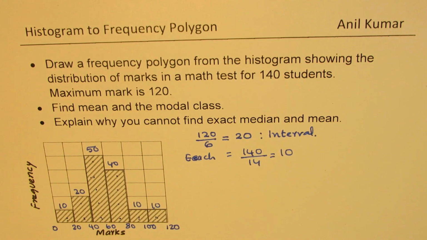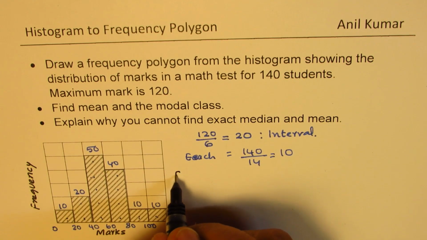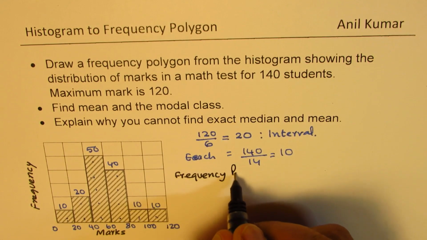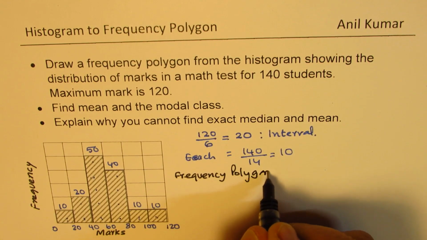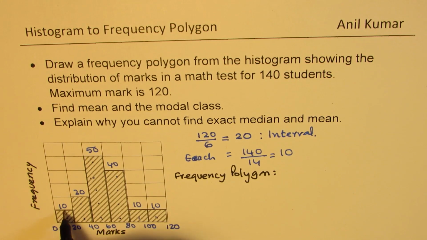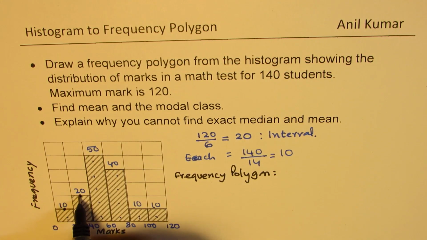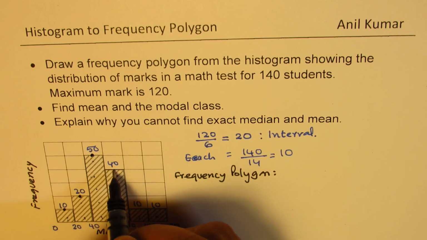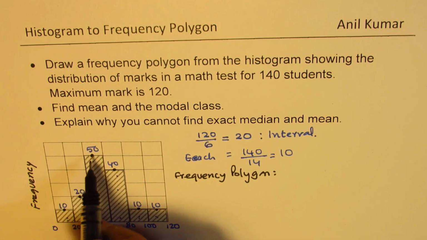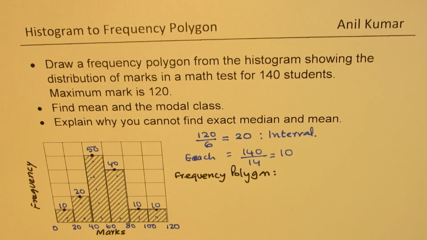Now whenever you're drawing a frequency polygon, the idea is to check the midpoints. We take the value right at the center, right? So that is the whole idea. The top centers are the points which need to be connected, correct?